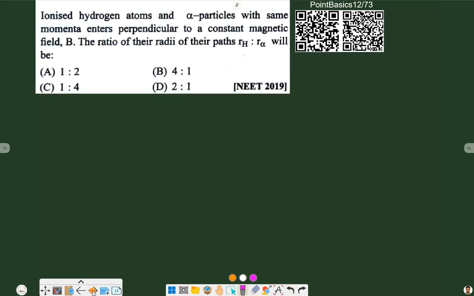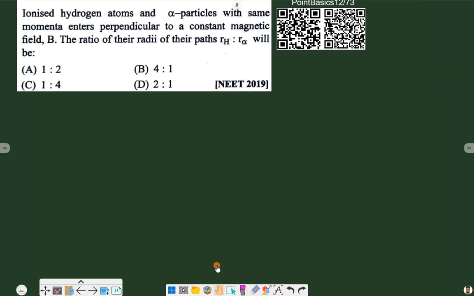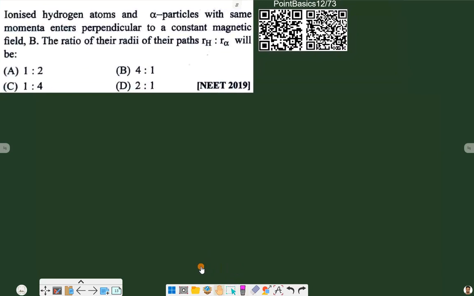An ionized hydrogen atom and an alpha particle with the same momentum enter perpendicular to a constant magnetic field B. Find the ratio of their radii. So here we have an ionized hydrogen atom. In a hydrogen atom, we have a proton at the center and an electron revolving around it.